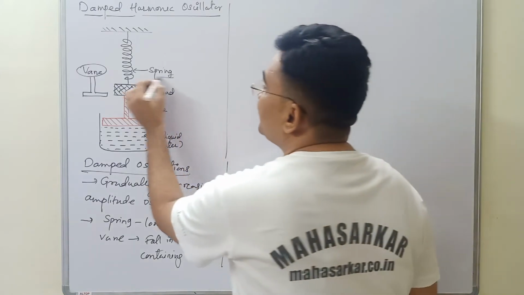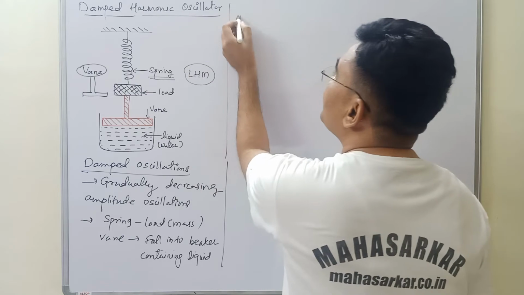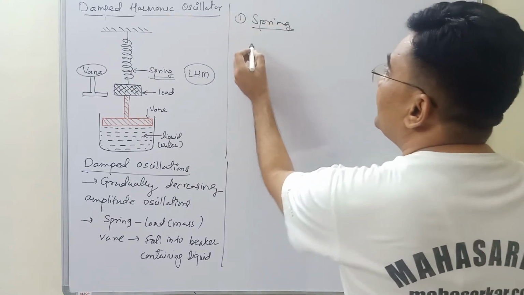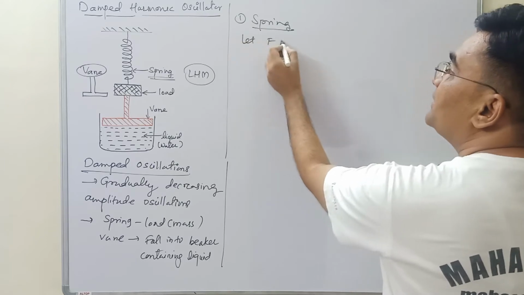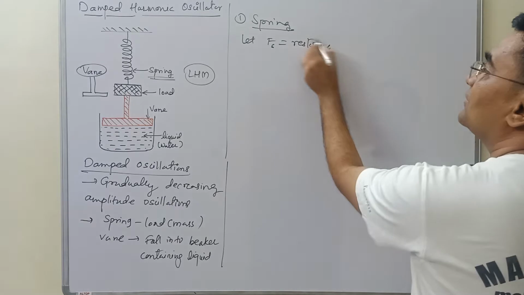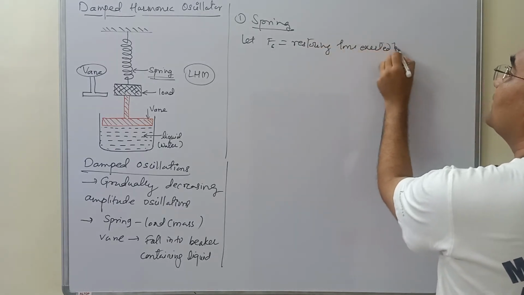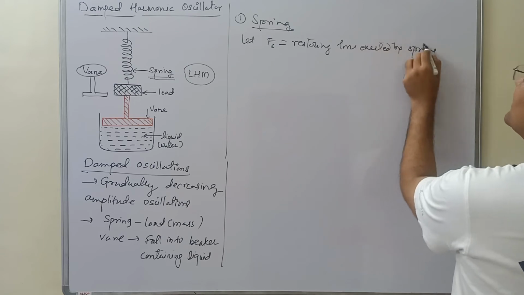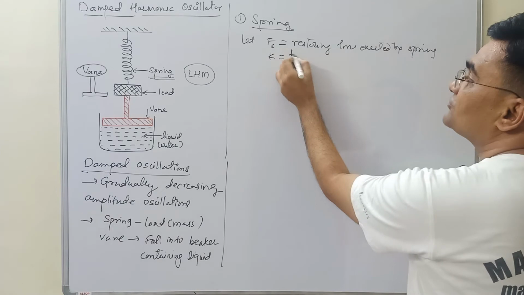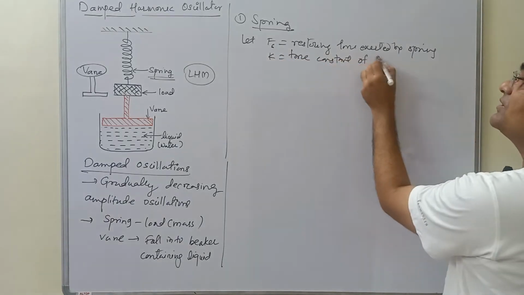As we know, the spring is performing linear simple harmonic motion, so first I will consider the case of the spring. Let Fs be the restoring force exerted by the material of the spring, and K is the force constant of the spring.